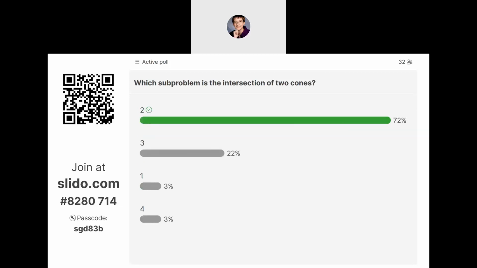All right, so intersection of 2 cones is subproblem 2. Subproblem 2 is where we had a rotation of some unknown angle of some known vector.